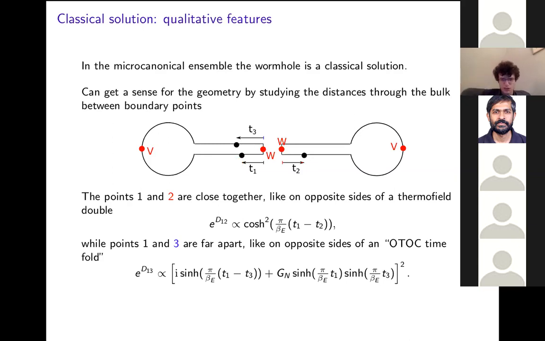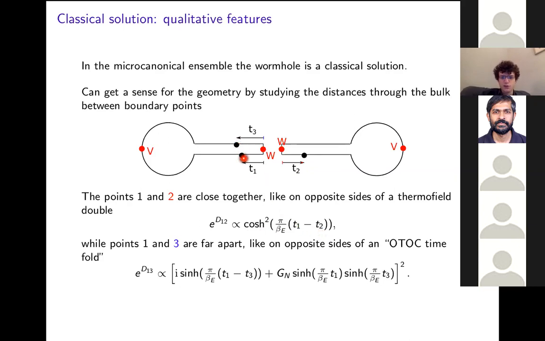We can discuss how far apart these points are through the bulk, through the wormhole. It turns out that points 1 and 2 are close together. They feel like they're on opposite sides of a thermofield double. And that's this function here. If T1 is approximately equal to T2, then this is small, or it's not large anyhow.